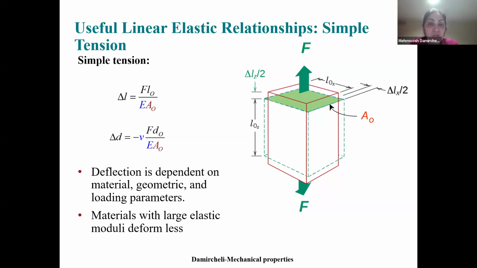When we have extension in one direction, we have a decrease in the area in the other or lateral directions, and you see minus nu. So deflection depends on the material, geometric and loading parameters, and a material with a large elastic modulus deforms less. Why? Because when E increases, being in the denominator of this fraction, delta L decreases. It comes from Hooke's law, which we will talk about in the next slide.